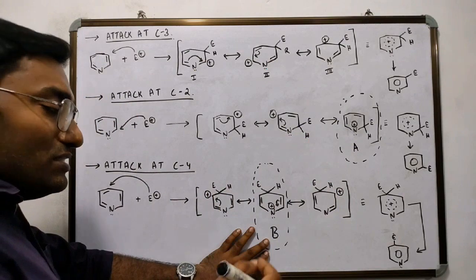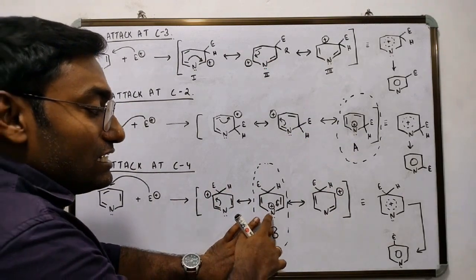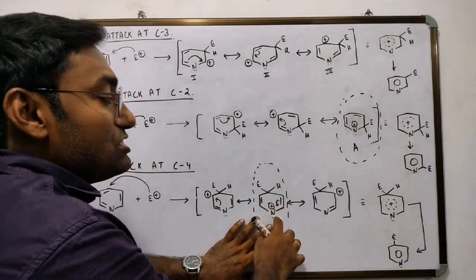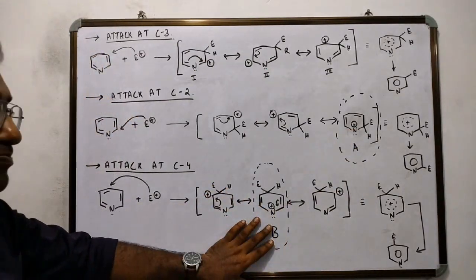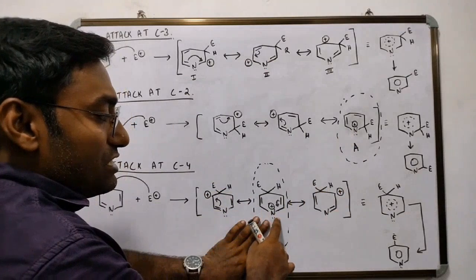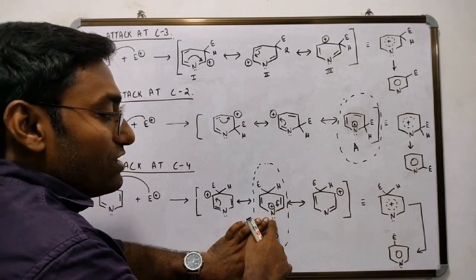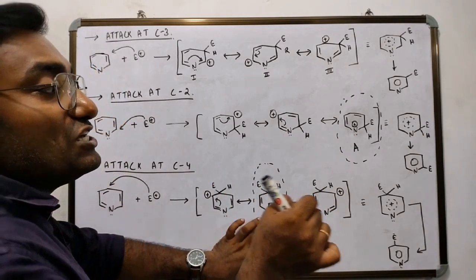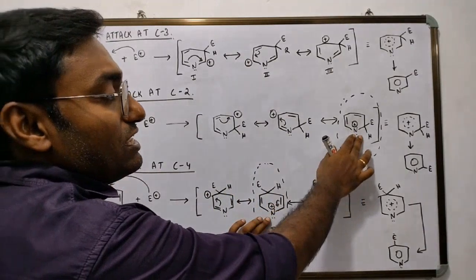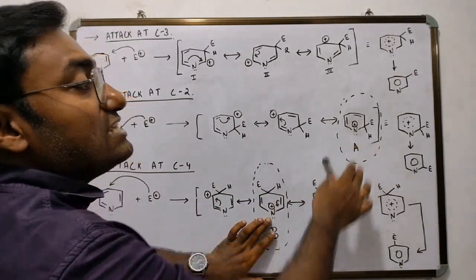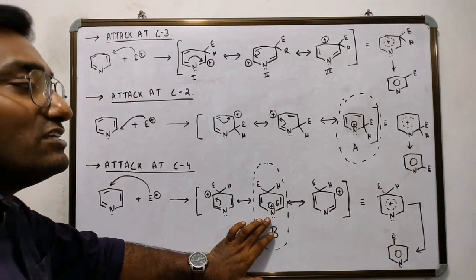The reason for this is that the nitrogen atom in these structures is unstable. The nitrogen atom in these structures has only 1, 2, 3, 4, 5, 6 electrons in its valence shell. Here too, the nitrogen atom has 6 electrons in its valence shell.